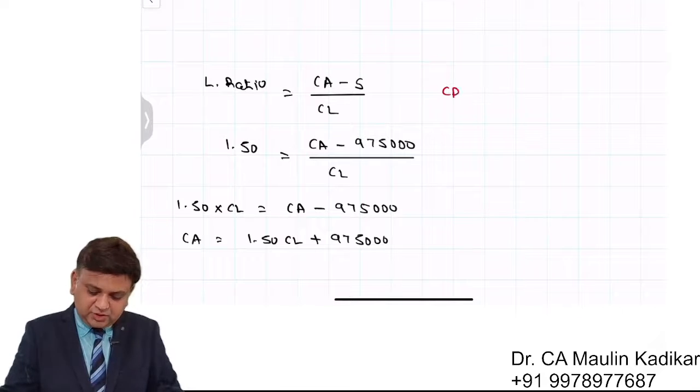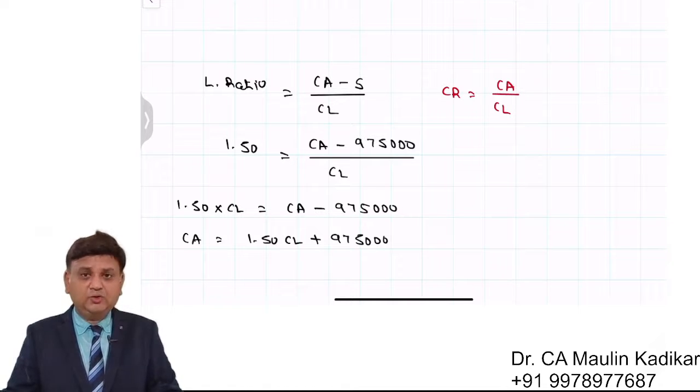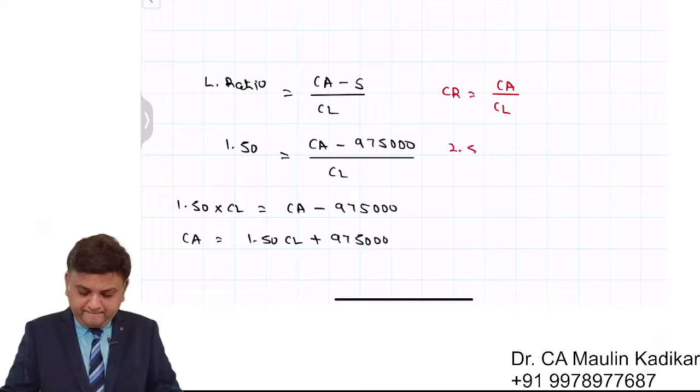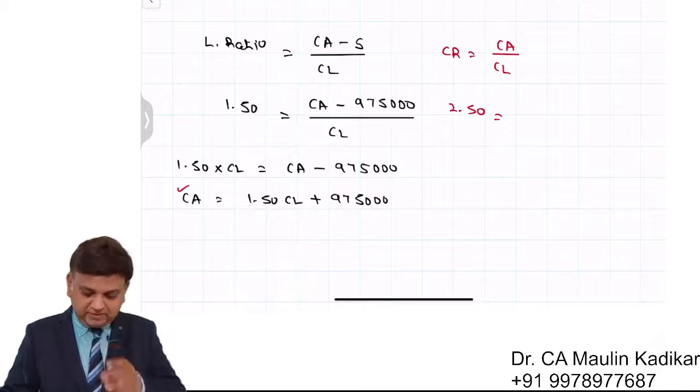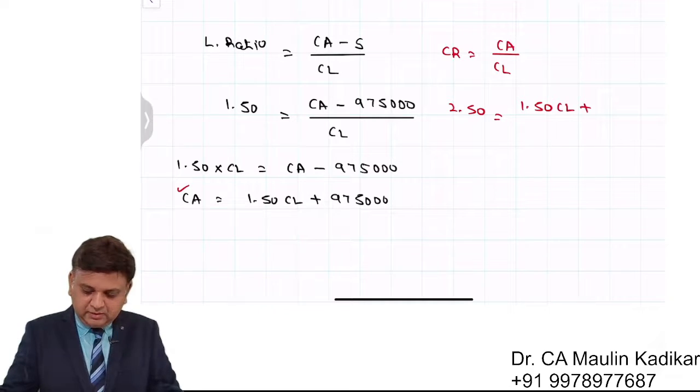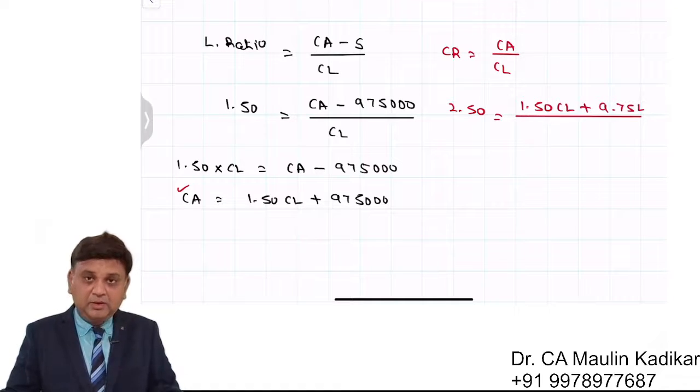We have the current ratio, current assets upon current liabilities. What is the current ratio? 2.5. I replace the current assets value with this: 1.5 current liability plus 9,75,000, divided by current liability.